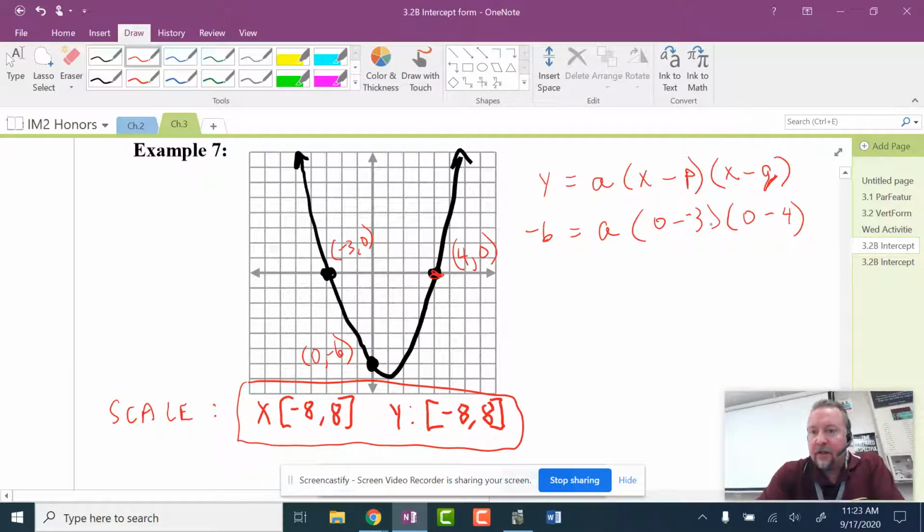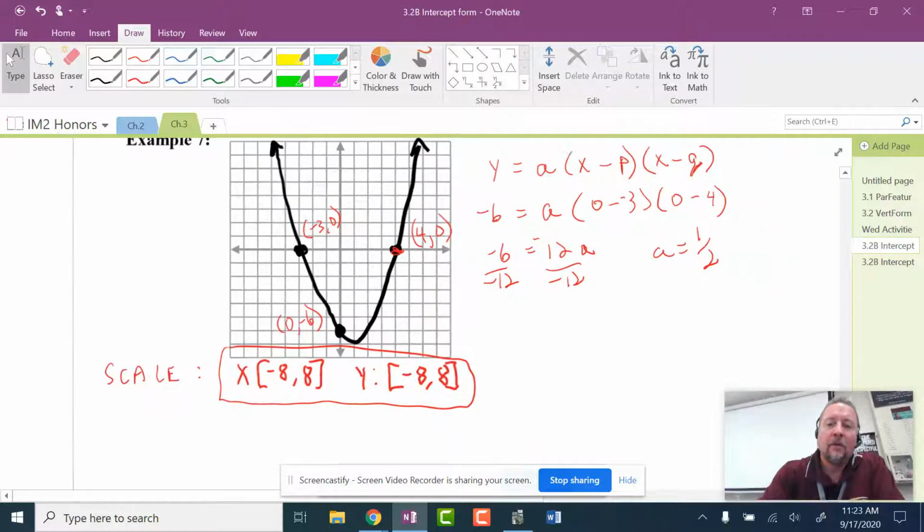This becomes 3 times 4, which is 12a. Actually -12. I knew something was wrong because this is going up. That's -4 times +3. Then divide by -12, and you get a equals 1/2 again.